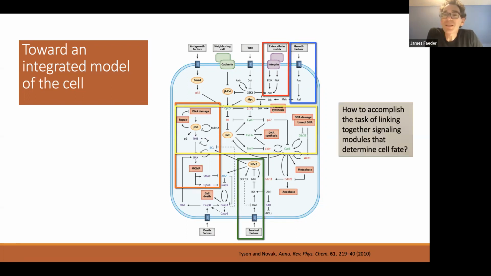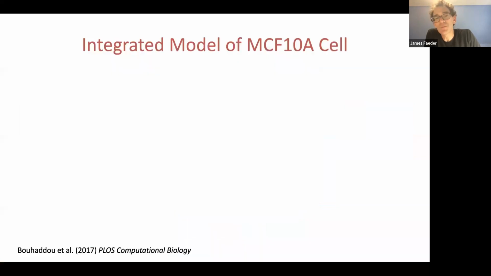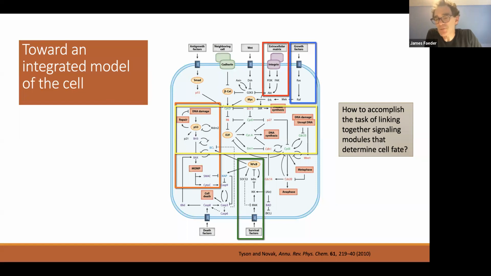So ultimately, when we study signal transduction, we study these pathways with one spotlight at a time, usually. One part of the cell, one part of the cell signaling network, one subset of the inputs, and one subset of the outputs that can be measured experimentally. Ultimately, though, we're interested in how all of these work together. And we need models to be able to do that, because the wiring underneath is extremely complex.